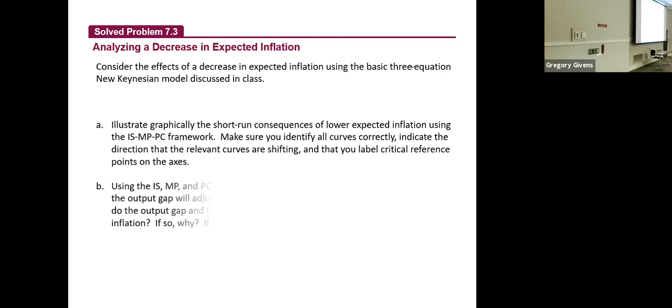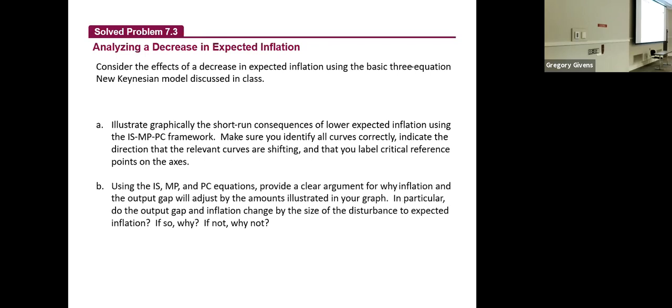The maybe more challenging thing to do then is to use your ISMP and Phillips curve equations to provide a clear argument for why inflation and the output gap adjust by the amounts that you illustrated in your graph. In particular, does the output gap change by the full size of the shift in whatever curve you've identified?